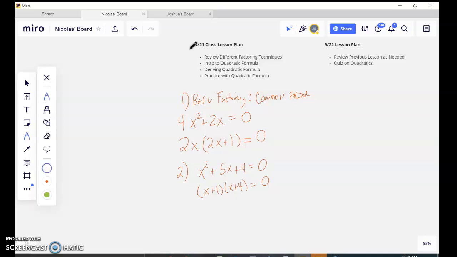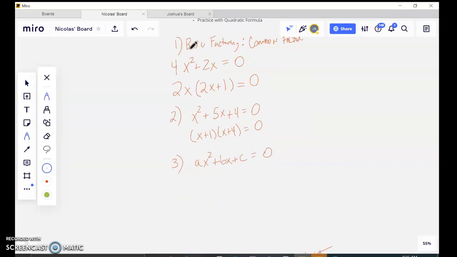Then after that, we learned about a little bit more complicated versions. Every quadratic has this form, ax squared plus bx plus c equals 0. We learned that there are different situations, like where b equals 0, and then that means you just have ax squared plus c equals 0.